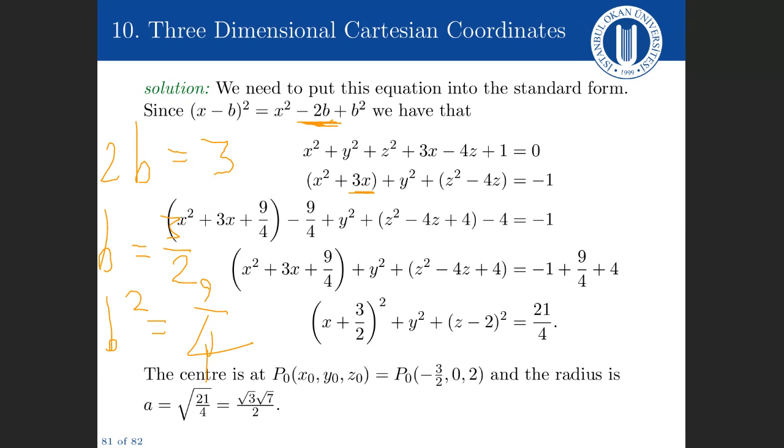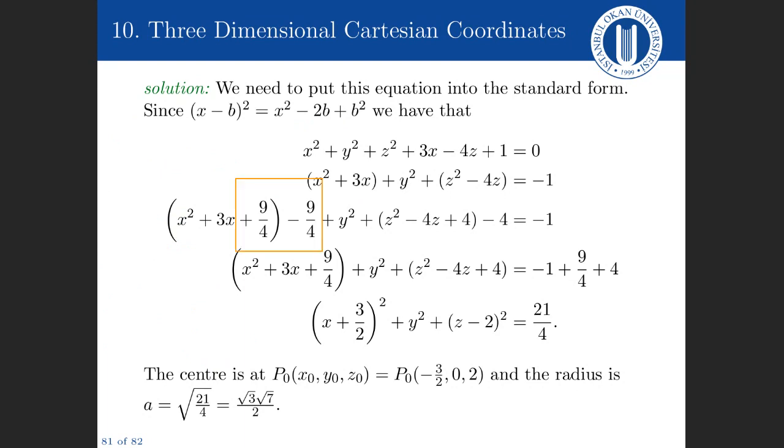What I'm going to do is add 9 over 4 and then subtract 9 over 4. Exactly the same number, add it on and then subtract it, we still have the same equation. And I'm going to do the same thing on the z terms. I'm going to do plus 4 and then minus 4.